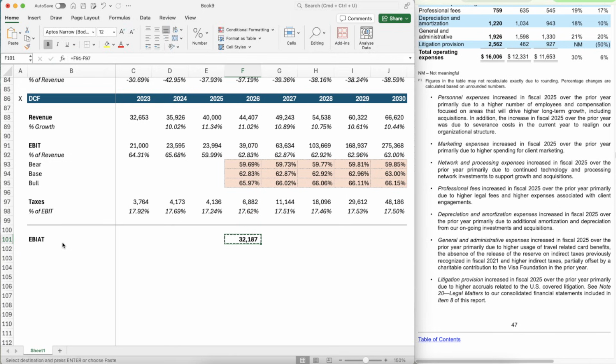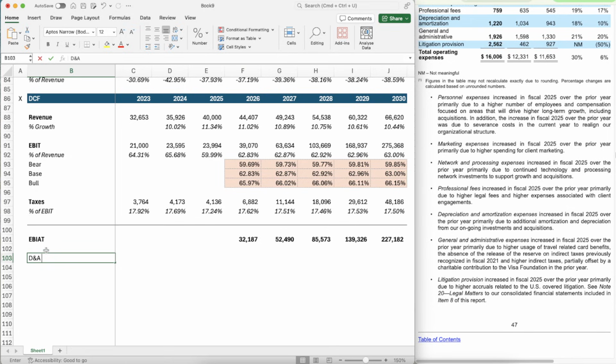You can bold that, pull that along. And just to let you know, when you play with these switches here, it will adjust the tax because we've done the EBIT multiplied by the tax. So this will come up and down as and when you play with this, which is good.